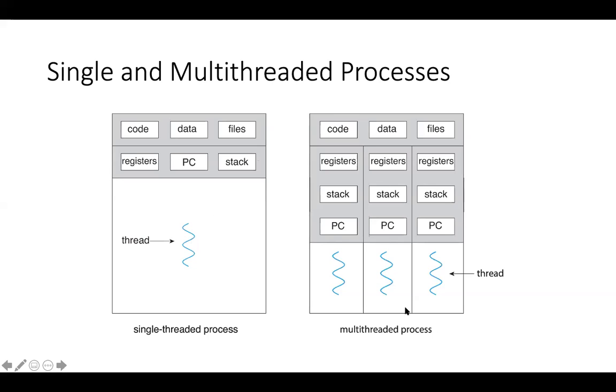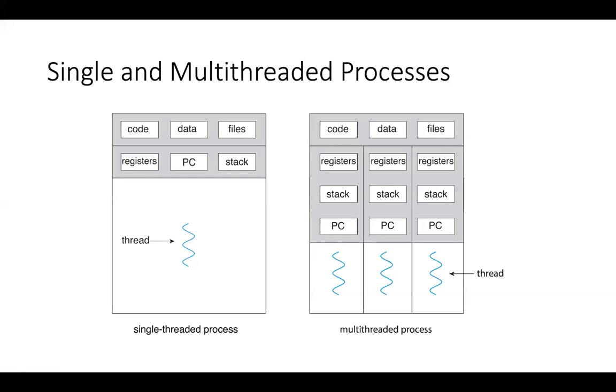Then for the multi-threaded process, we have one process running, but with multiple threads running. And when you look at these two, the multi-threaded process has more like the same arrangement as the single-threaded, but in multiple form, if I may.